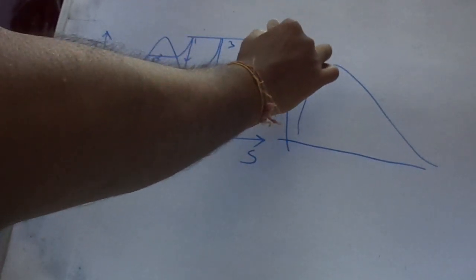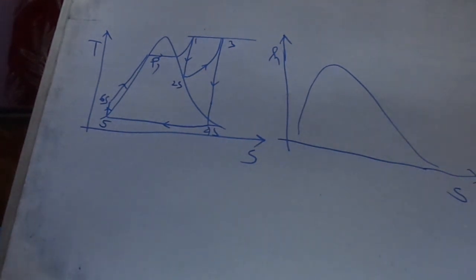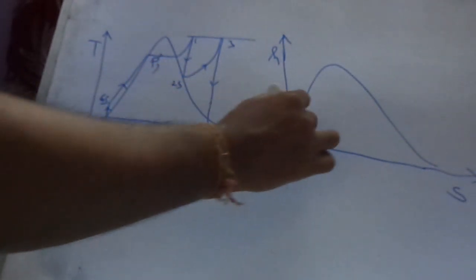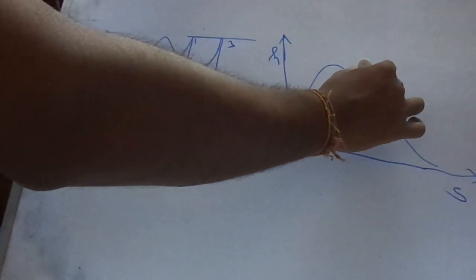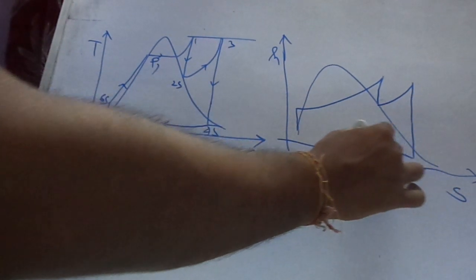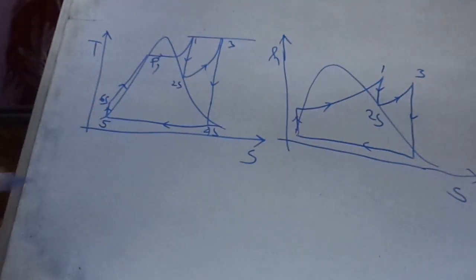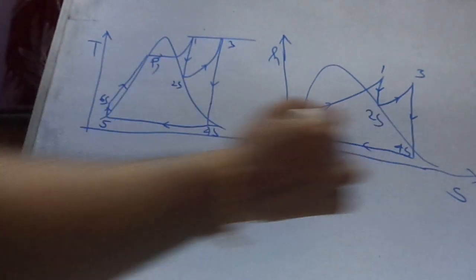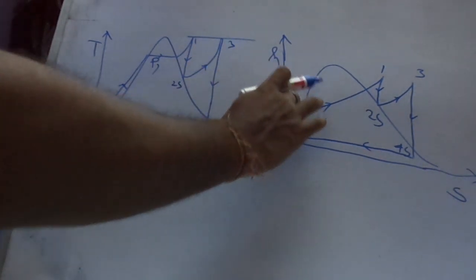This is 1, this is 2s, this is 3, this is 4s, this is 5, this is 7, and this is 6s.